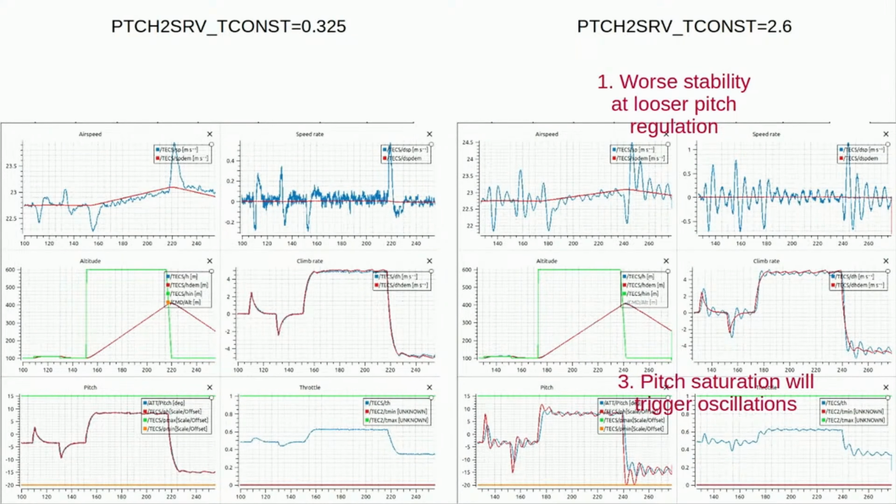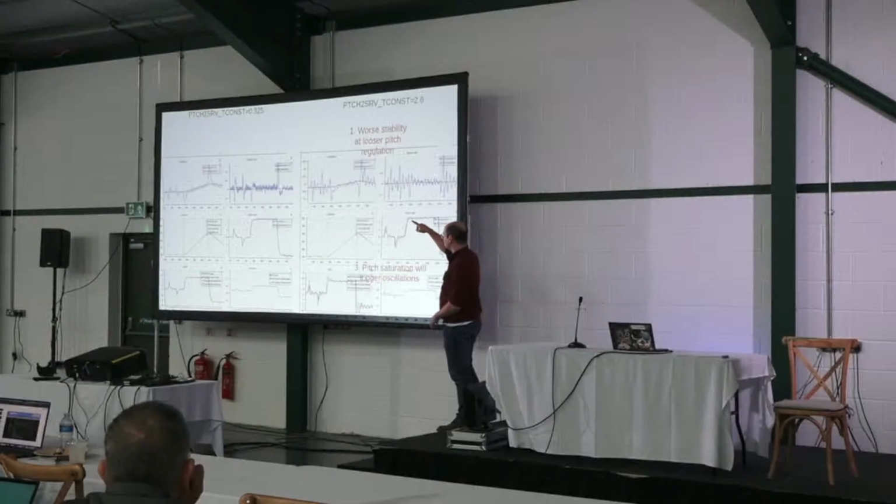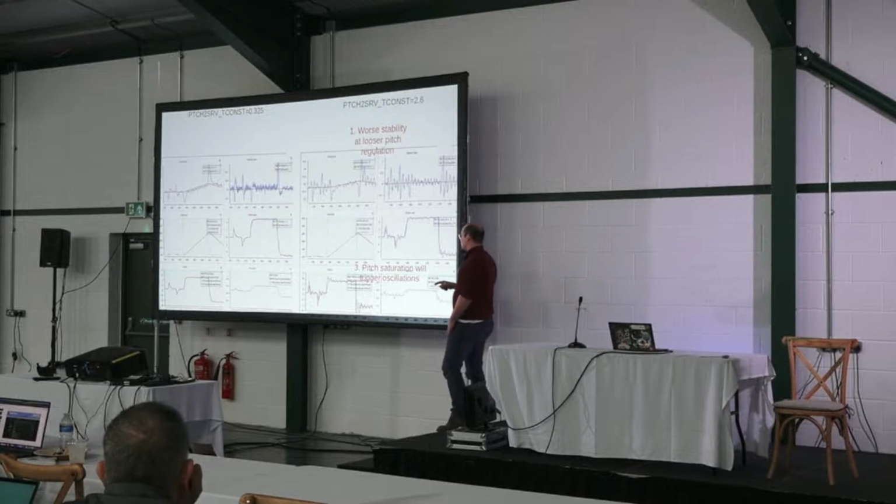We see worse oscillations in the climb rate. We do not climb as steadily as in the nominal case. And there is also, of course, more oscillation on the pitch reference itself, which doesn't help us anyways.